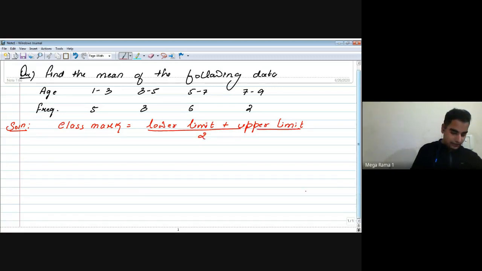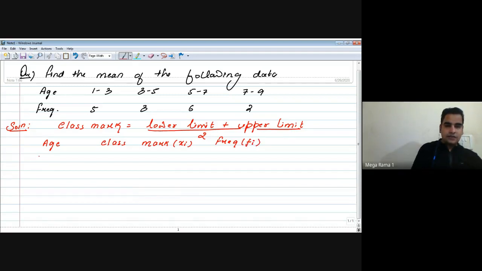Okay, now see how you can do it. Let's say this is the age we have, this is class mark, and class mark is denoted by xi. Clear? Here we have frequency. As mentioned yesterday, the frequency is represented by fi.